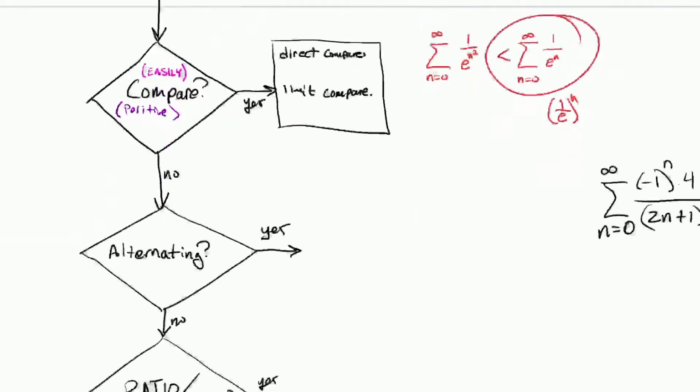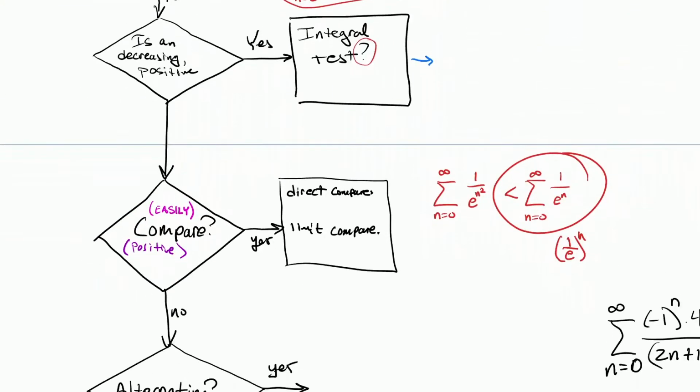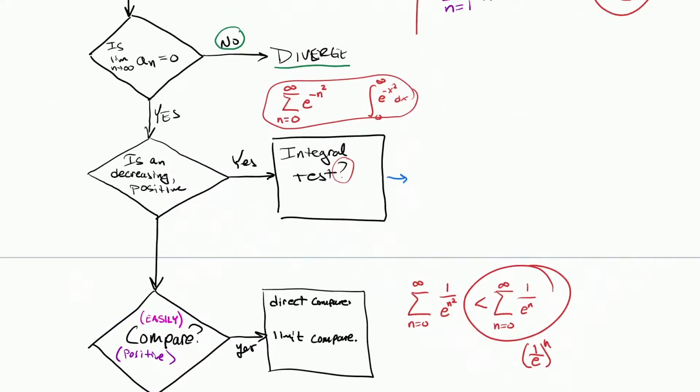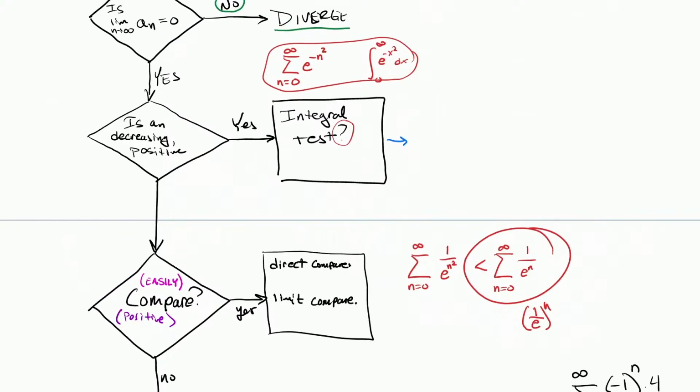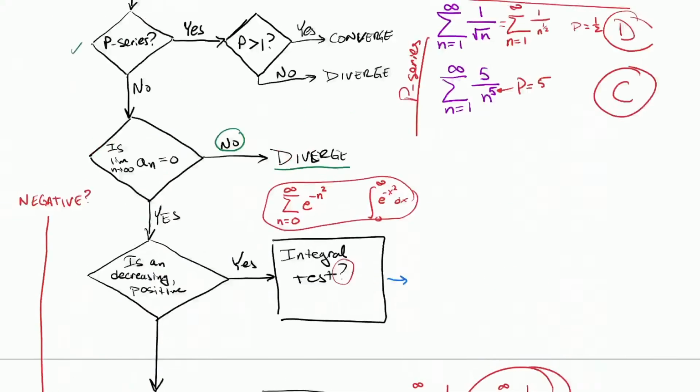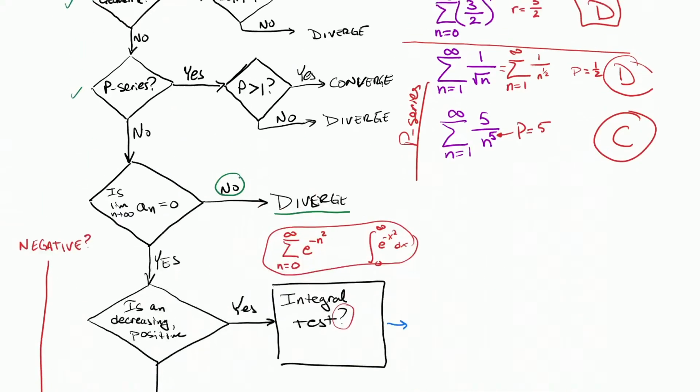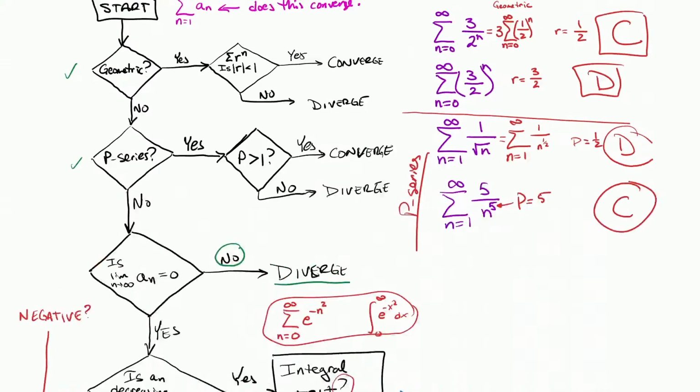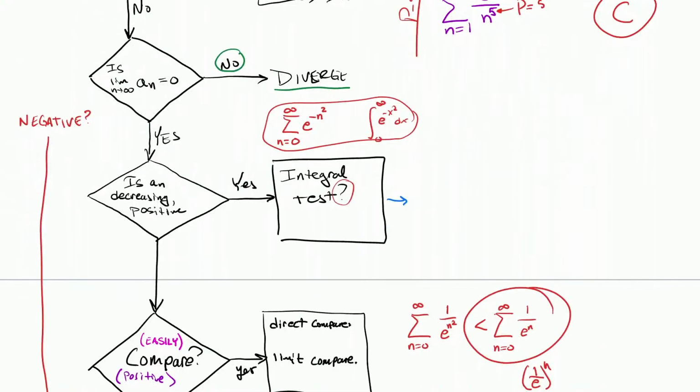And if you have something that's negative, then you're stuck doing this. So maybe I should even say here, have a little branch, negative. Then you skip all of this stuff and you go down there. So if it's not a P-series, if it's not geometric, then we go to the bottom.